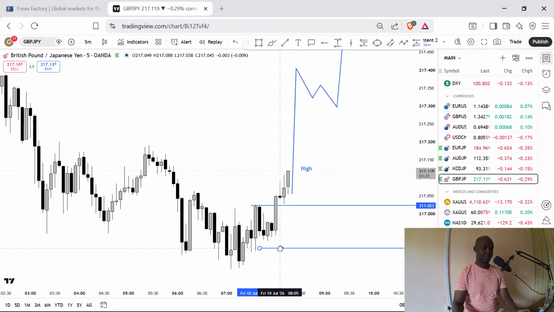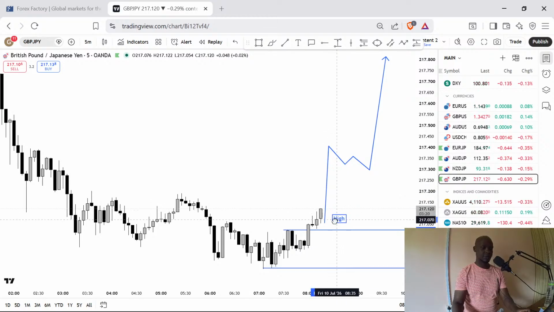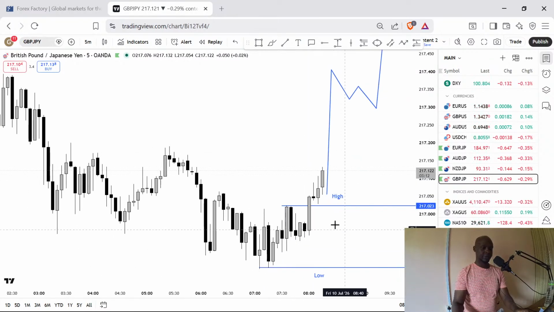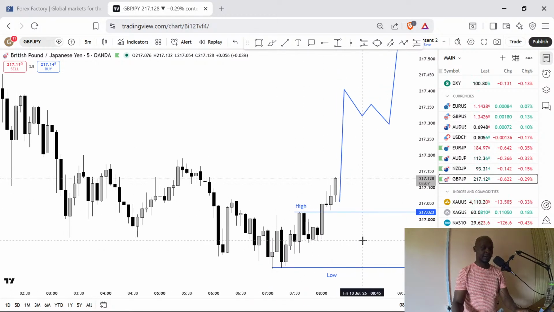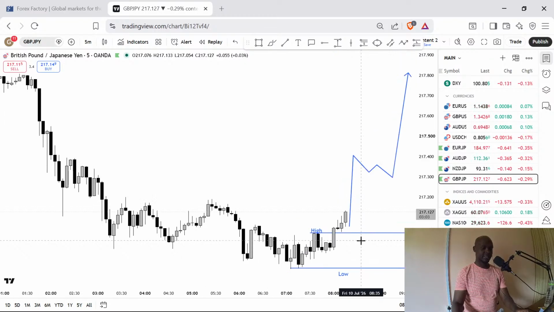Pivot high that I was looking for. This was the low. Now we've already broken this high, and that's why this is a pair that might actually present us with entries.